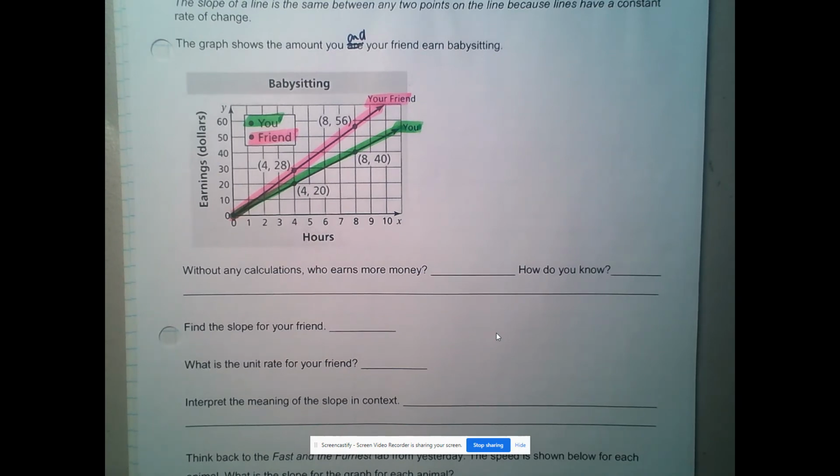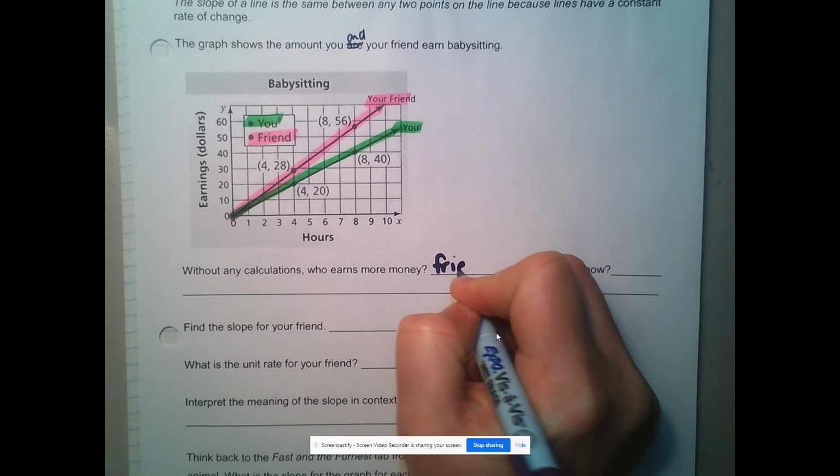Without any calculations, who earns more money? So I'm looking at my green line and I'm looking at my friend's pink line. And if I'm looking for who's earning more money and money is on the y-axis going up, up, up, it looks like my friend is earning more money than I am.